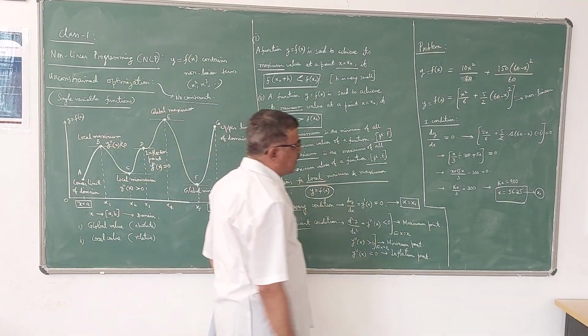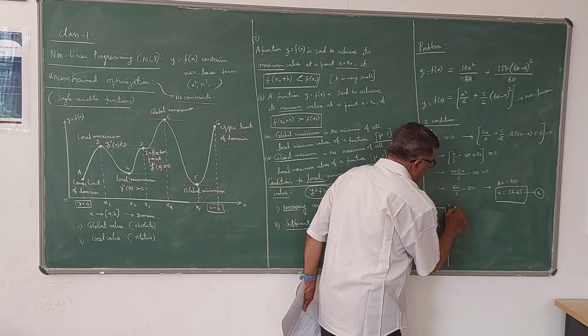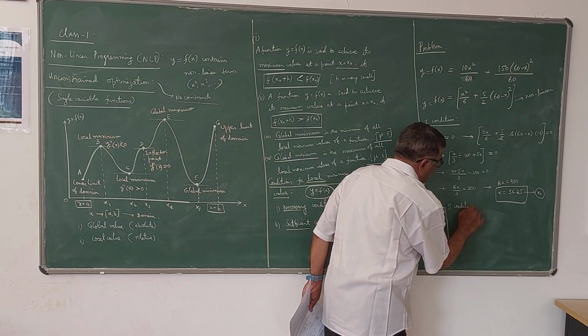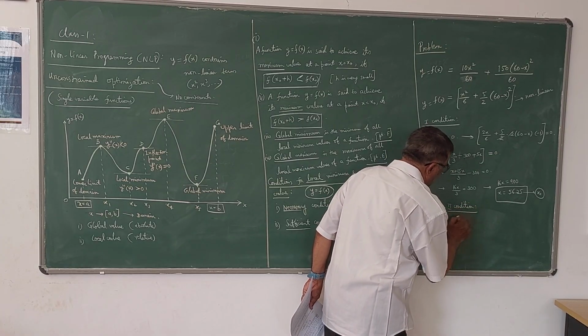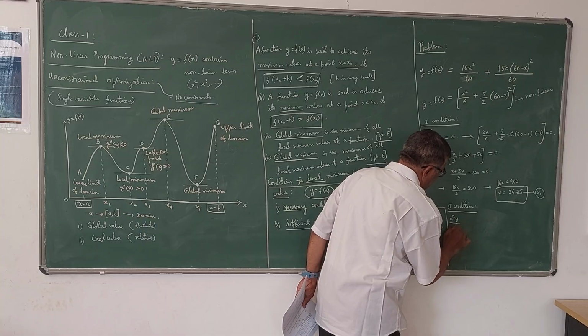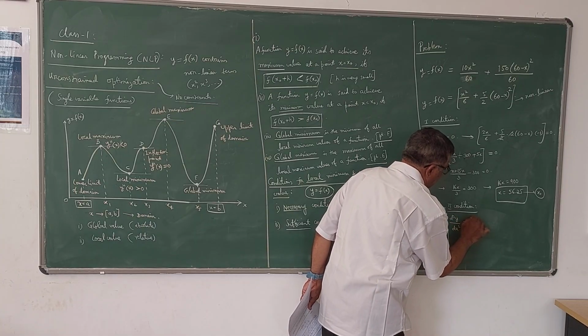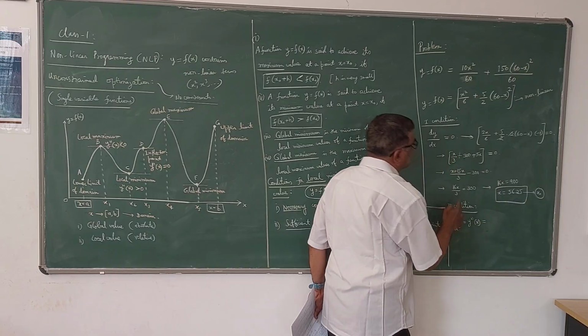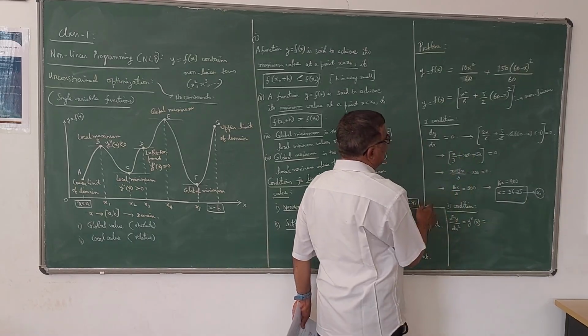Next, the second condition we have to apply. If you want to apply the second condition, you have to take the second derivative, d square y by dx square, which is equal to y double dash of x. So once again we have to differentiate this.